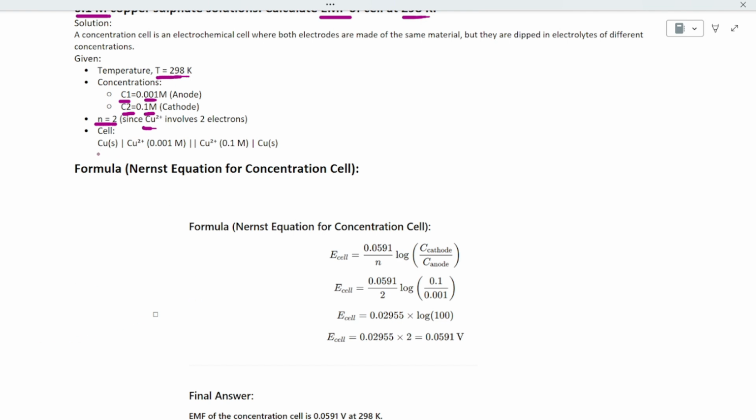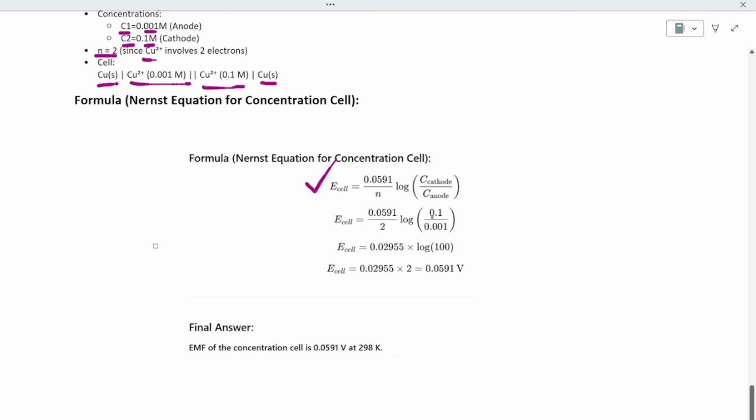Next, you take Cu2 plus, and Cu2 plus will give you Cu. This is anode, and that 0.1 is cathode, and the Nernst equation which you remember is: E cell is equal to 0.0591 by n log of concentration of cathode divided by concentration of anode.